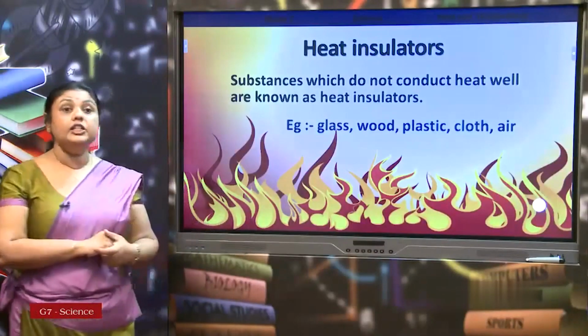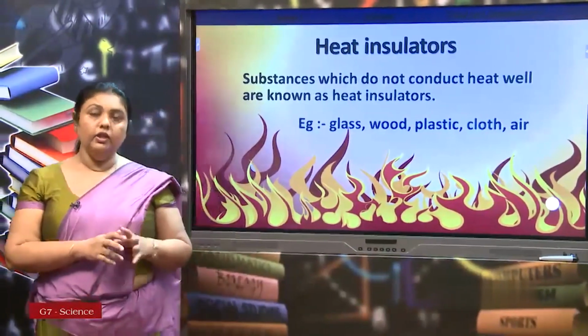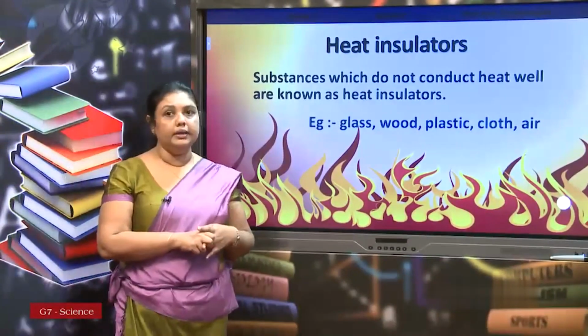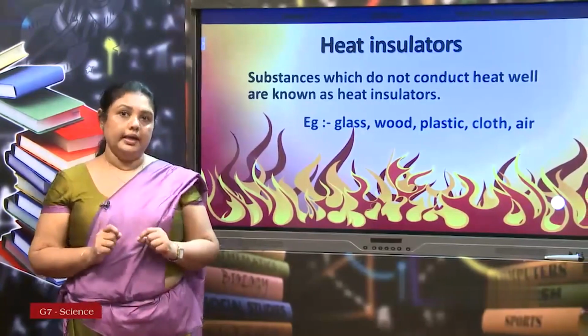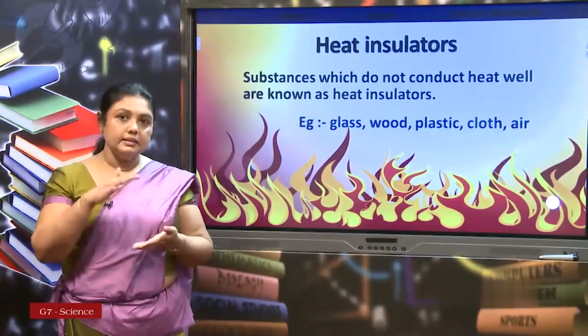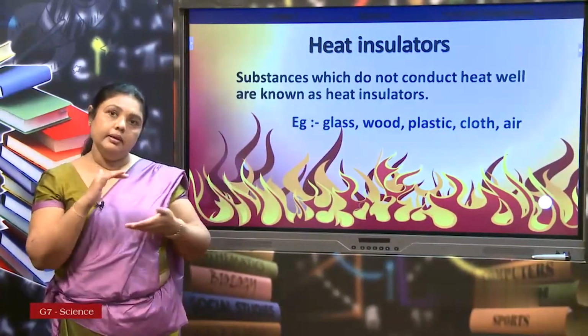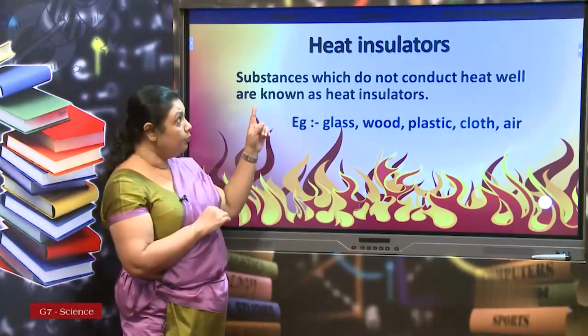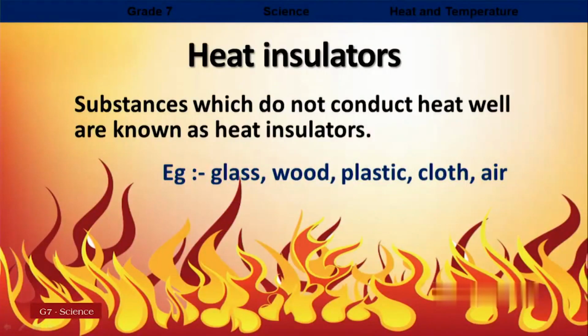Then heat insulators. That's maybe a new word. Though we call them insulators, we can use another word, poor conductors. Poor means less ability. These are substances which cannot pass heat very well.